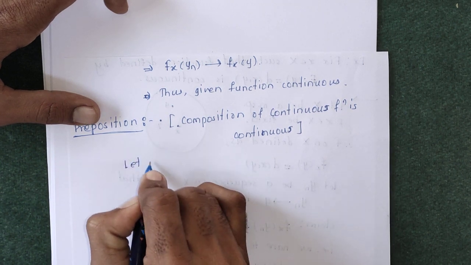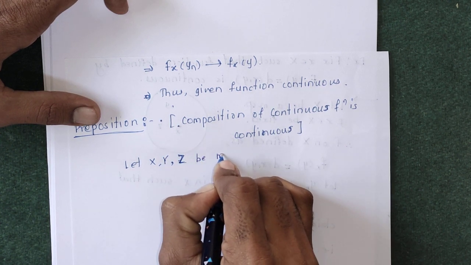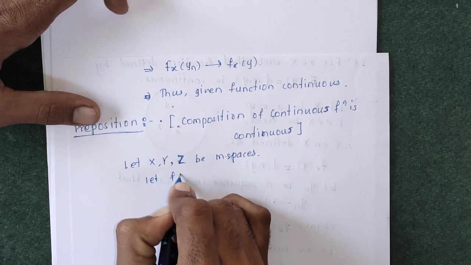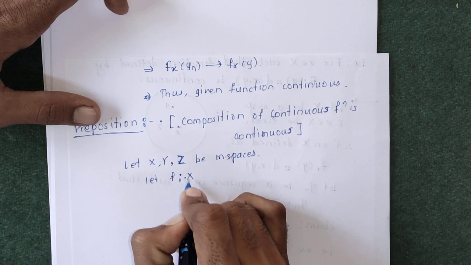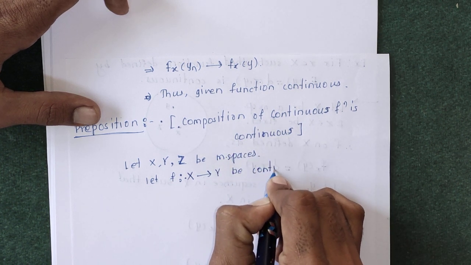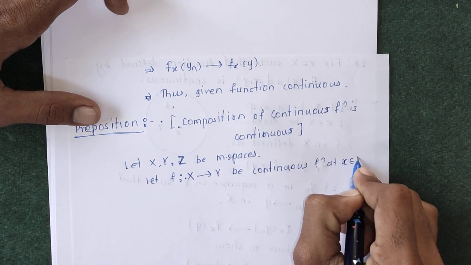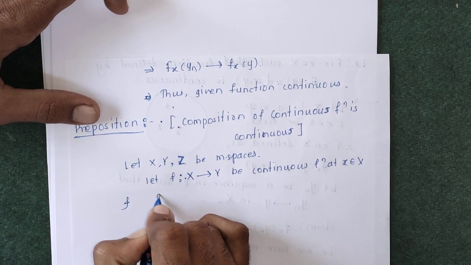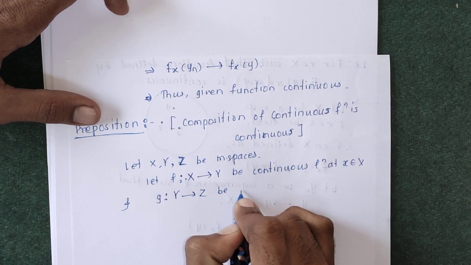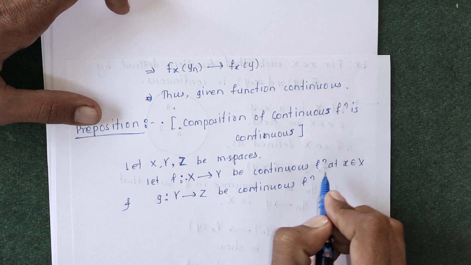So this proposition can be written as: suppose x, y and z are metric spaces, and let f from x to y be a continuous function at some x belonging to X, and g from y to z be also a continuous function at some element of y.